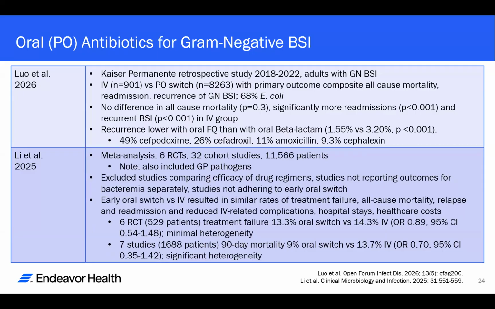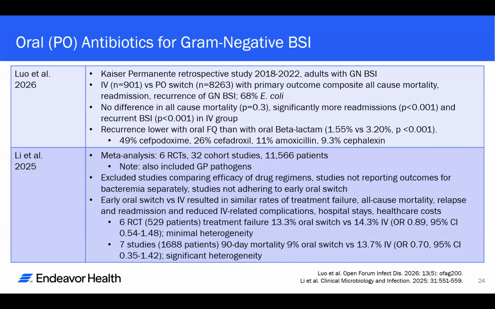They looked here for a primary composite outcome of all-cause mortality, readmission, or recurrence of the gram-negative bloodstream infection. Again, very heavily leaning towards E. coli, so 68% there. And they found no difference in all-cause mortality, but they did see significantly more readmissions and recurrent bloodstream infections in the IV group, which is very interesting.